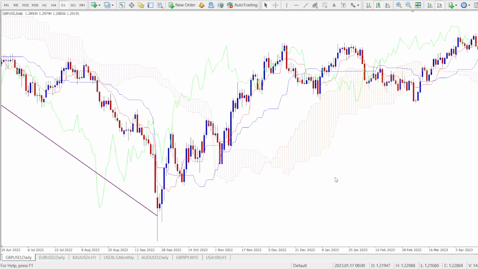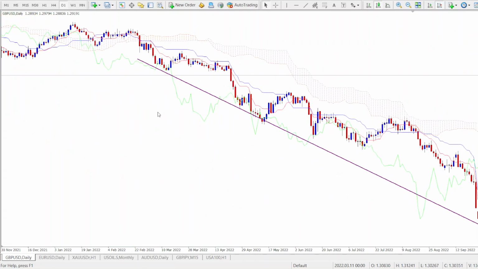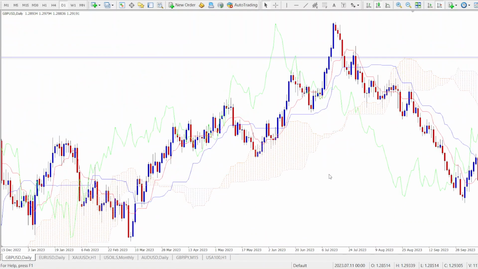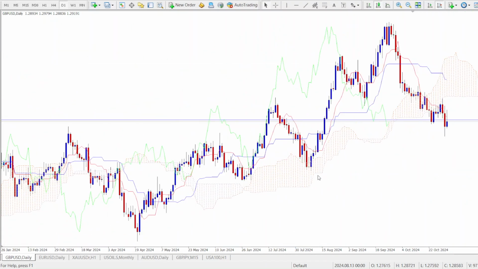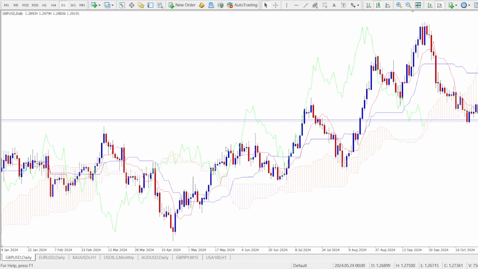All right, so let's put it all together. We can see the example I gave both for the bearish move and for this bullish move. You can see how the Ichimoku Kinko Hyo gave us signals, and how the Kumo Cloud, the Tenkan-Sen, the Kijun-Sen all work together to give a complete system.